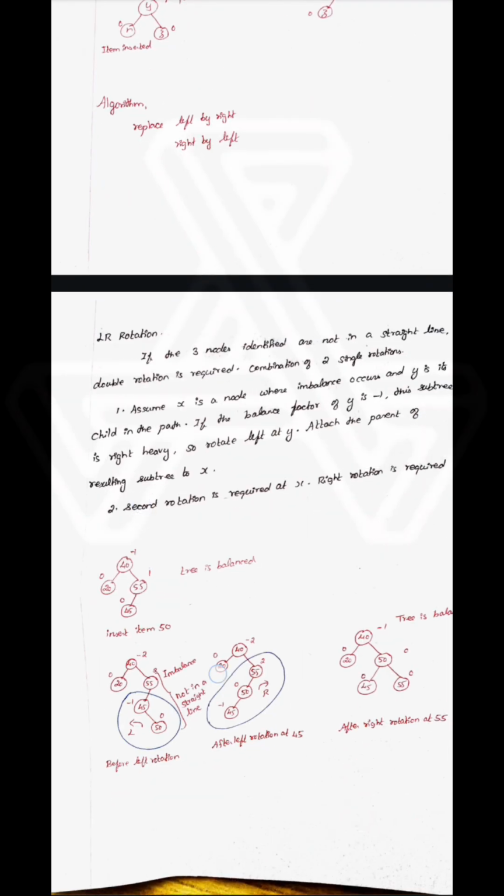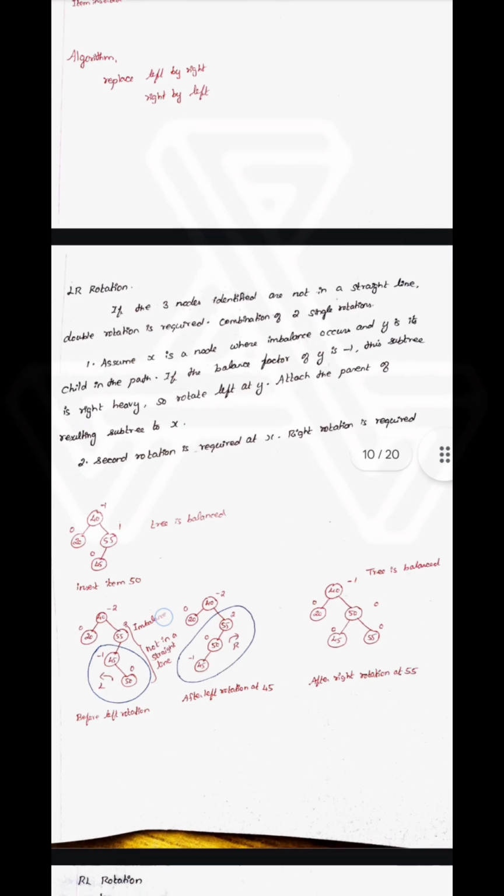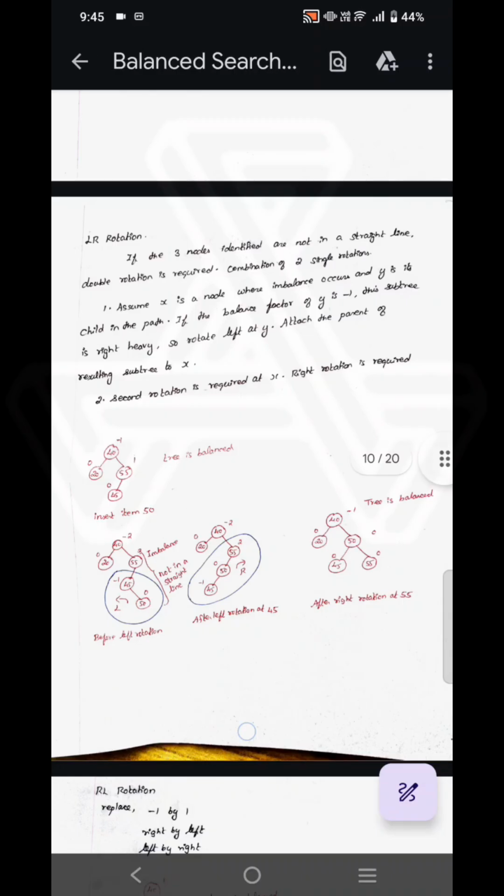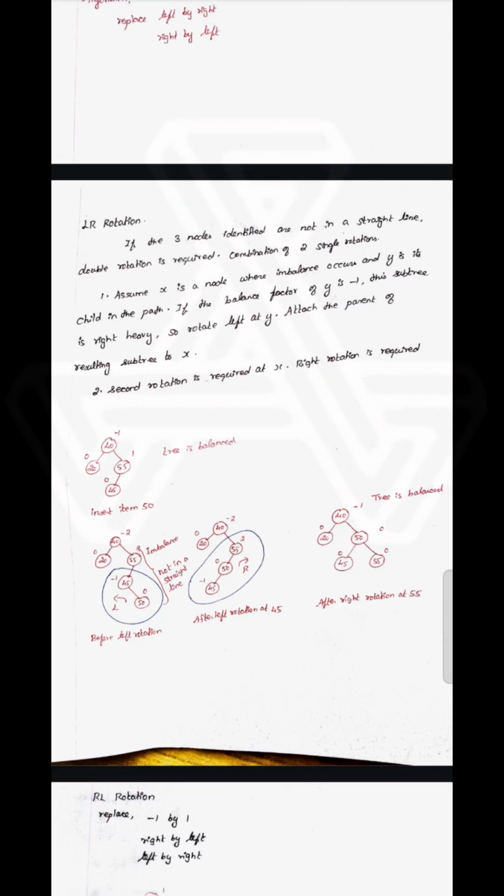Left-right rotation. If the three nodes identified are not in a straight line, double rotation is required, a combination of two single rotations. Assume X is the node where imbalance occurs and Y is its child in the path.